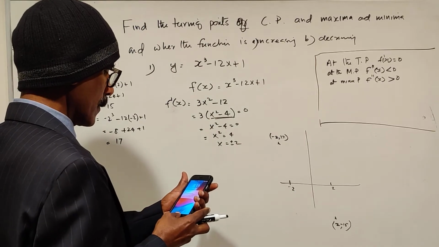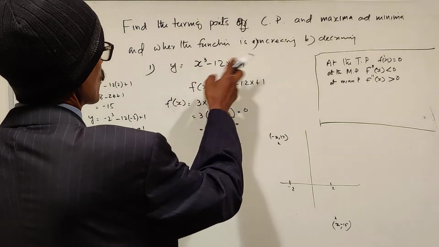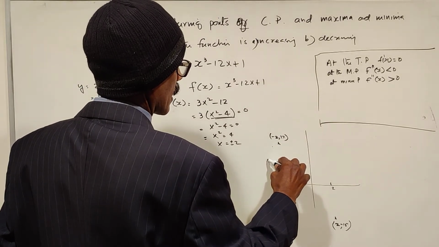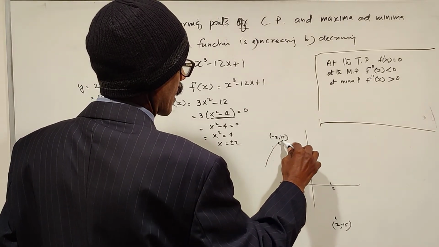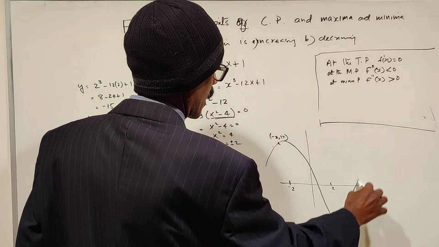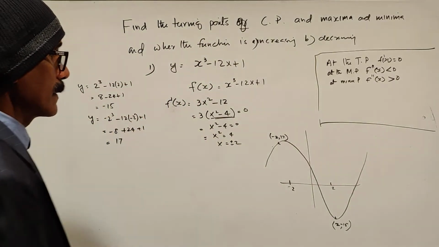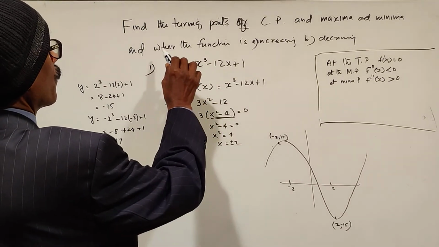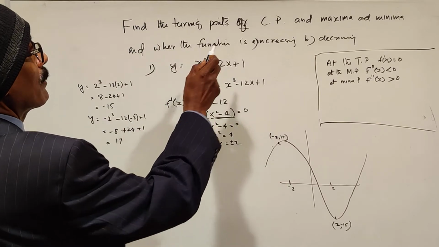So the graph of x cube minus 12x is maybe like that. So what is the next question? Which one is the maximum point?